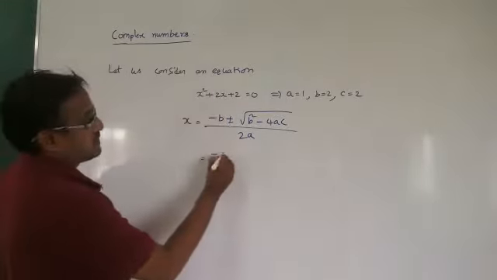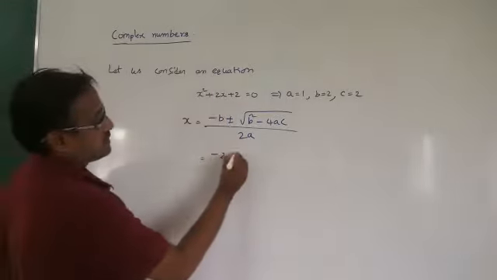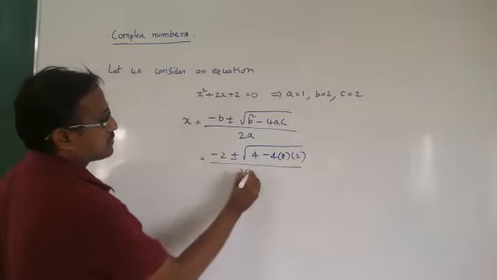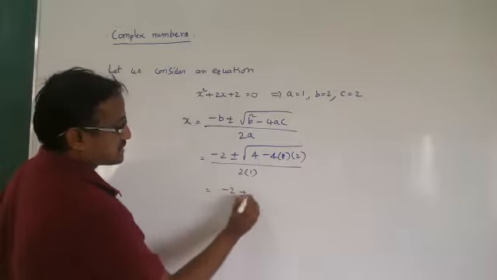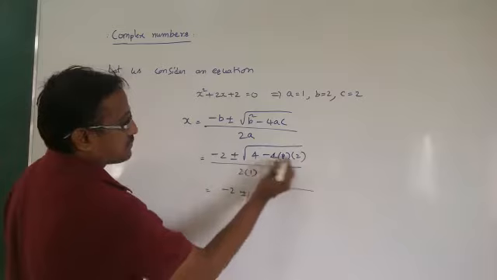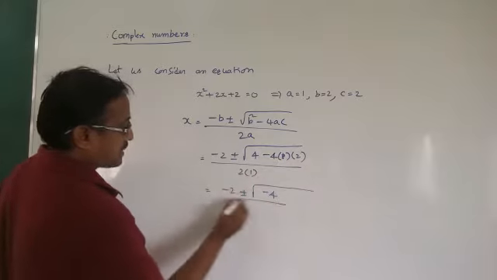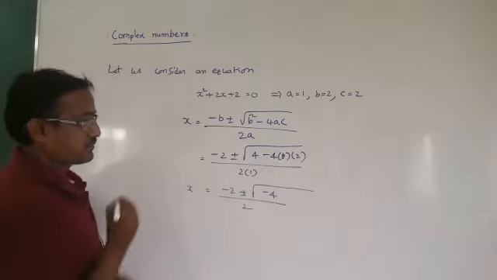Now minus b plus or minus root of b square minus 4ac, that is 2 square minus 4 into 1 into 2, by 2 into 1. So minus 2 plus or minus root of 4 minus 8, that is minus 4, by 2.